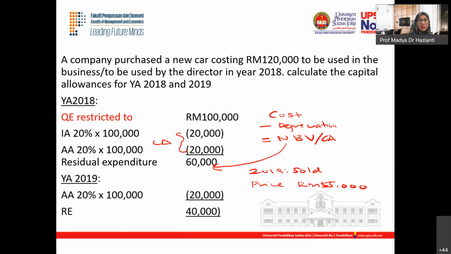Sambungnya 2018 dia beli, 2019 dia guna, sorry, 2020 dia jual. What do you think? Dia dapat balancing allowance atau balancing charge?